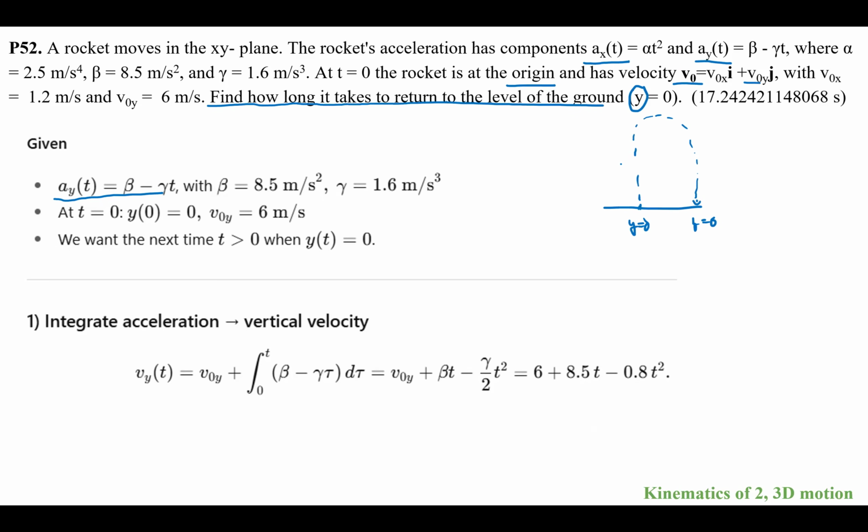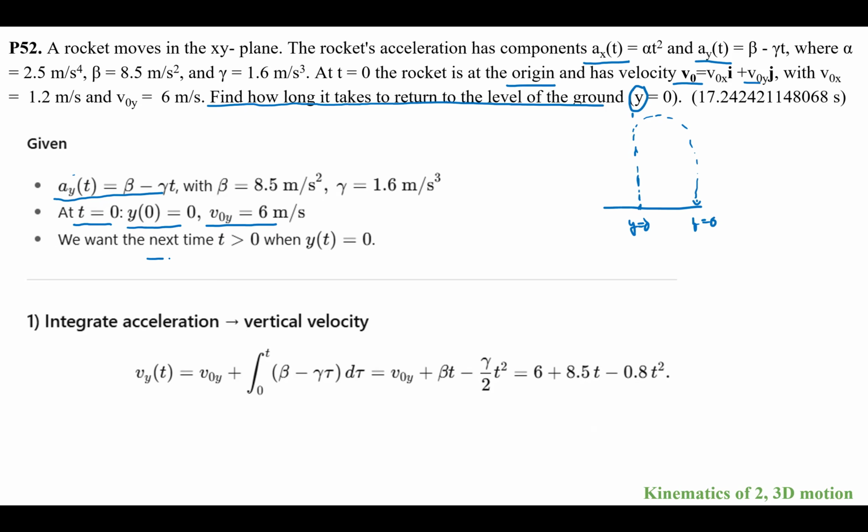So what we have to do is confine ourselves to the vertical position, okay? So we will confine ourselves to the vertical component of accelerations. And then we note that at t equal to 0, y0 is 0, and the initial velocity is given.